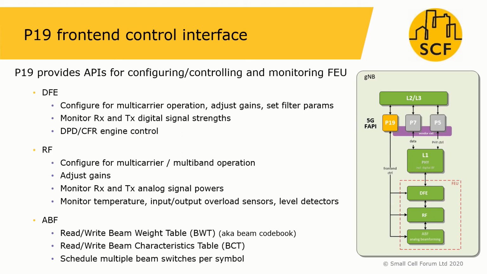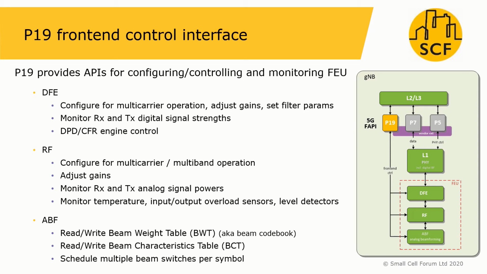APIs for analog beamforming block include functions to copy beam weight tables between the stack and the analog beamforming block. Beamforming table, also known as the codebook, is a repository that stores the complex weights required to form beams in different directions. In addition to the beam weight table functions, P19 also provides hooks to manage the beam characteristics table.